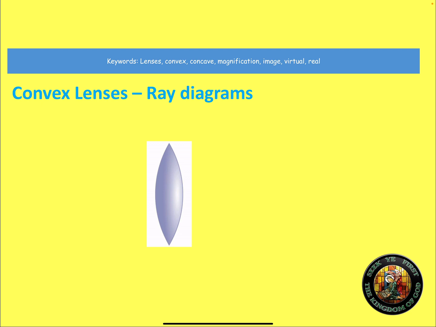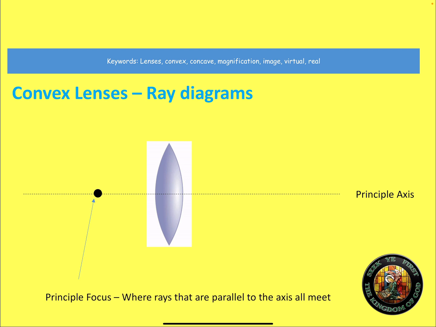And we're now going to look at trying to construct a ray diagram. So you have an imaginary line going through the lens called the principal axis. You have a point called a principal focus in front of the lens, and the same distance behind the lens, principal focus, sometimes called focal points.